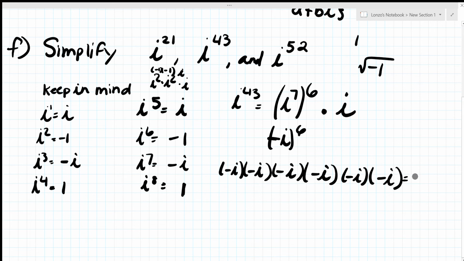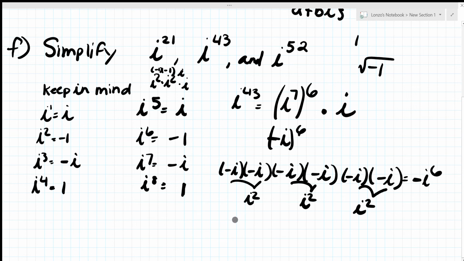This gives me negative i to the 6th, right? So negative i times negative i is positive i squared. This becomes a positive i squared, right? And then this becomes a positive i squared.